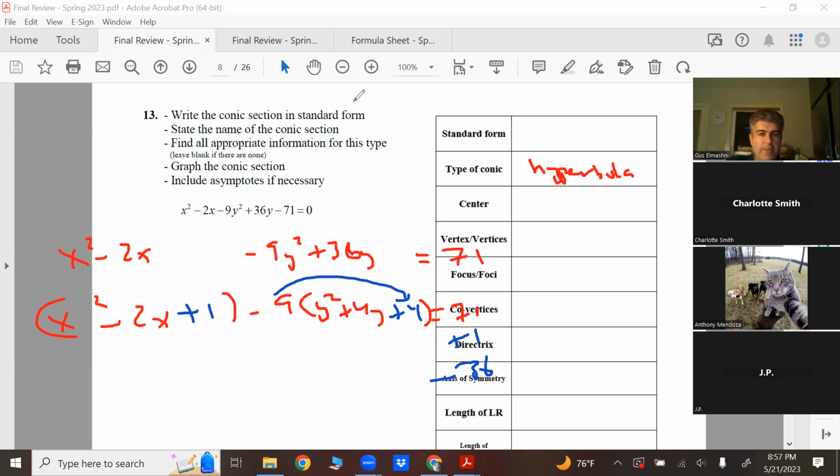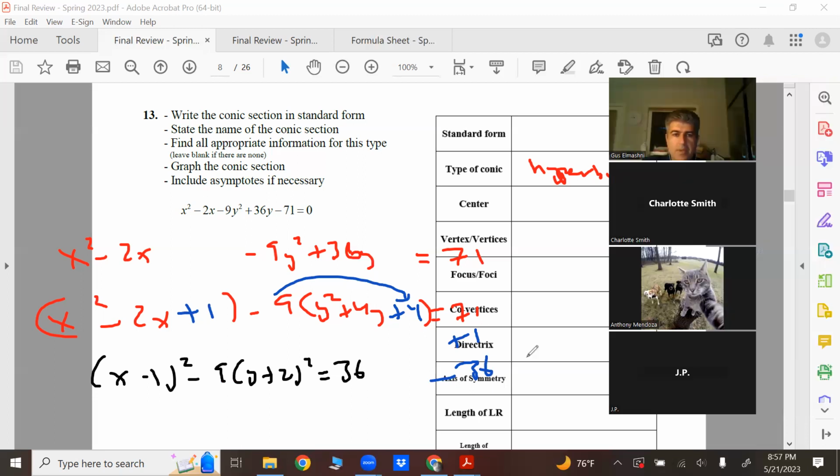And the whole point is to factor, right? X minus 1 squared minus 9 times y plus 2 squared equals 36. Divide everything by 36. X minus 1 squared over 36 minus y plus 2 squared over 4 equals 1.